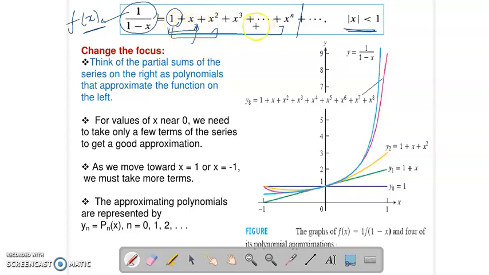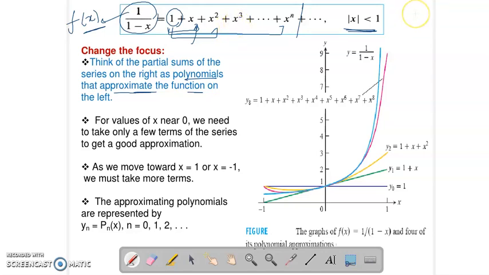So its partial sums are basically polynomials. So think of the partial sums of the series on the right as polynomials that approximate the function on the left, right? So we are just changing our viewpoint now, that this function can be approximated by these polynomials, right?